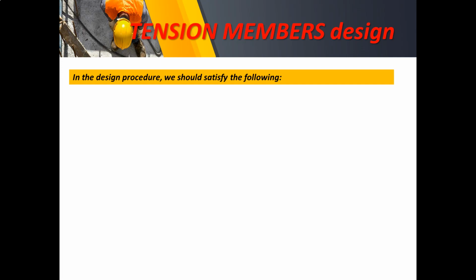Therefore, in the design procedure, we should satisfy the following. First, for the load resistance factor design, where the design strength is Pu, also known as the factored load. The concept here is that the factored load should always be less than the capacity of our member, which is given by phi times Fy times Ag, the gross area.